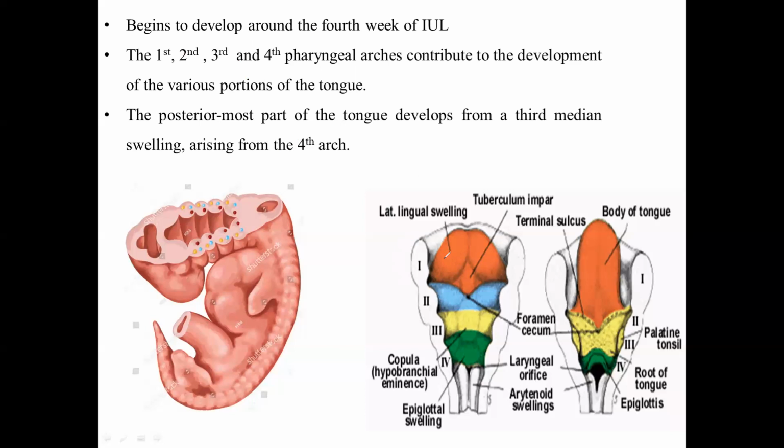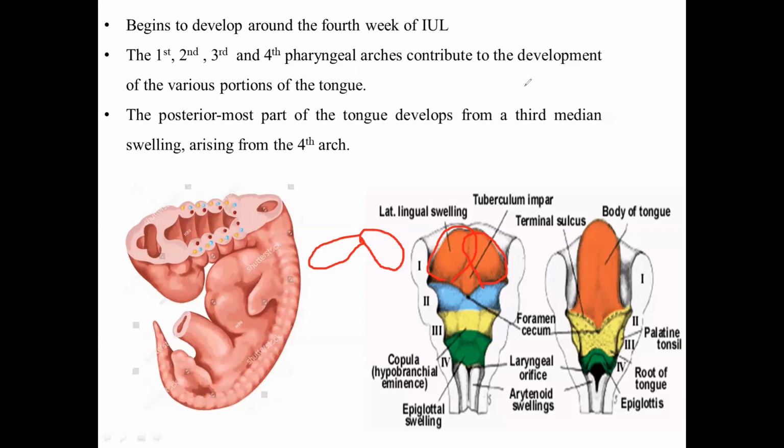What are the structures? They do give a question. The structures that are responsible in forming the tongue are, if you see here, a swelling and here is another swelling. There are 2 swellings. These are called lateral lingual swellings. These are the fate of the pharyngeal arch 1.